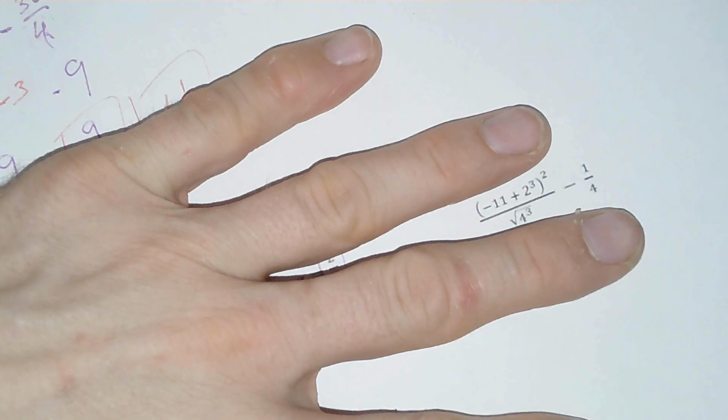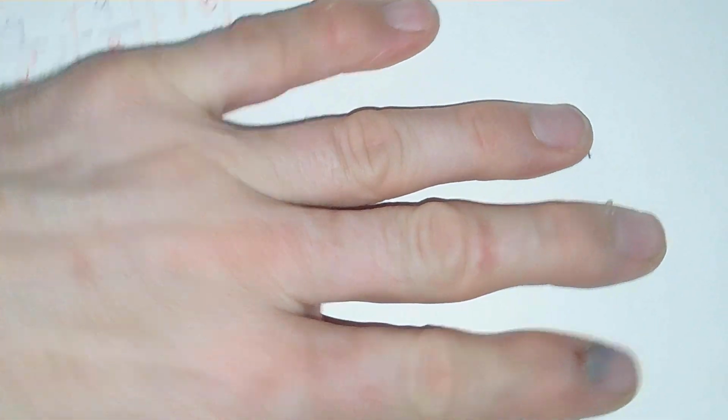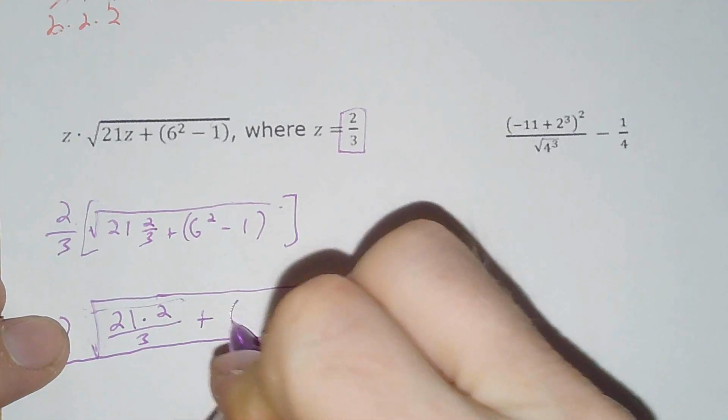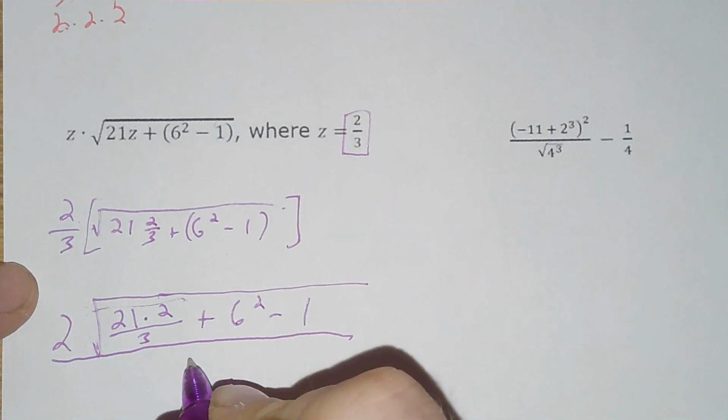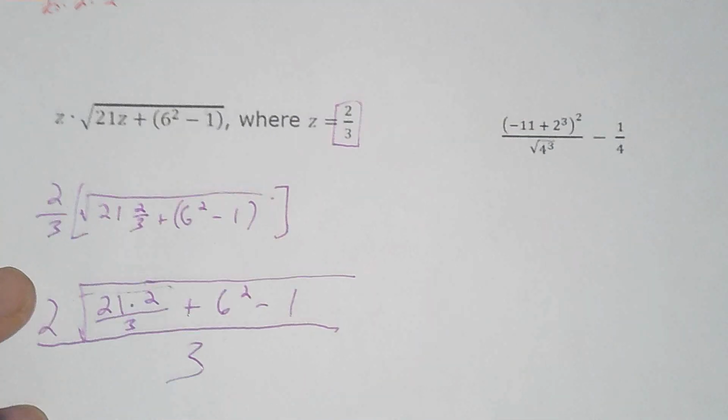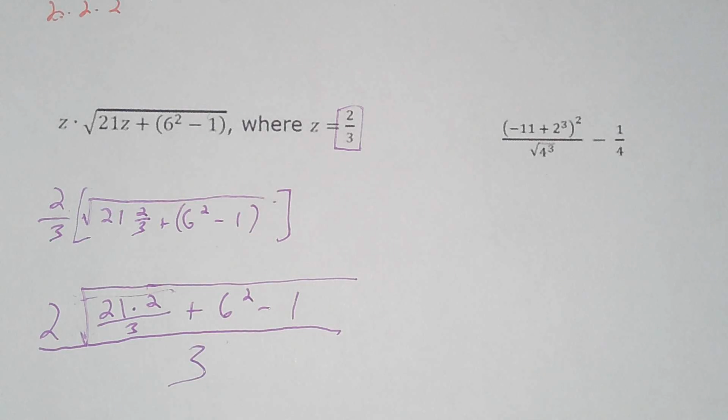The 21 goes in the numerator with the 2. Then we're just going to do plus 6 squared minus 1, and this is all over that 3 on the bottom.